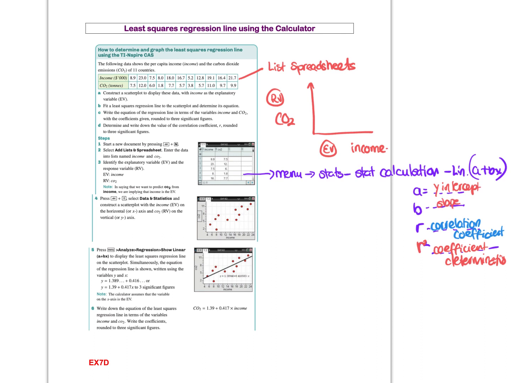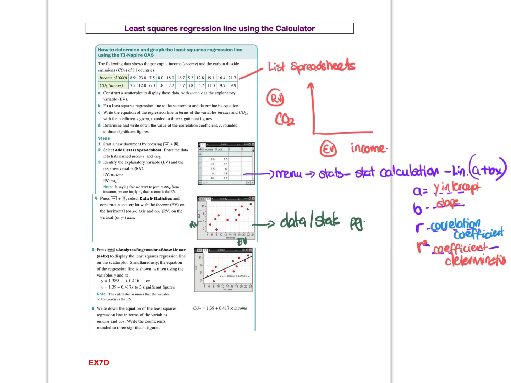Okay, so it's there first, or you can keep going on your scatter plot. When we draw up the scatter plot, that's on the data and statistics page. Remember we picked the EV down here and the RV.